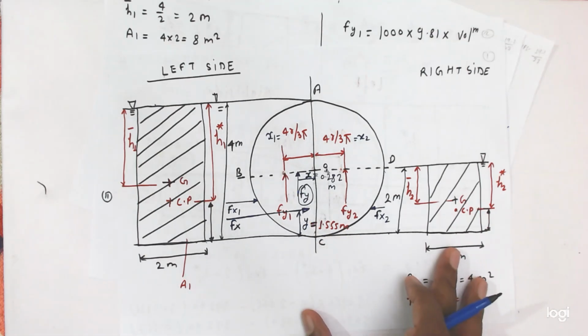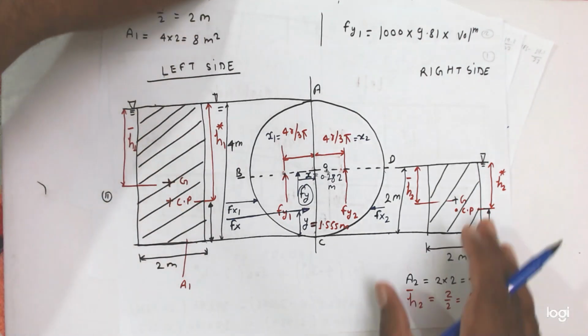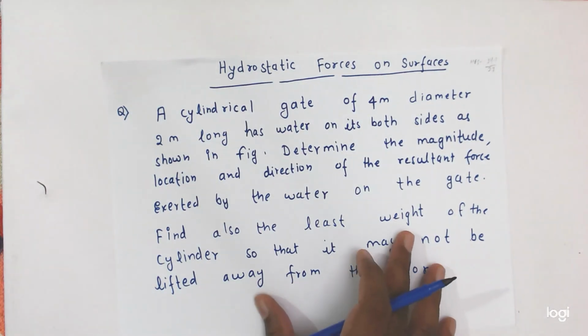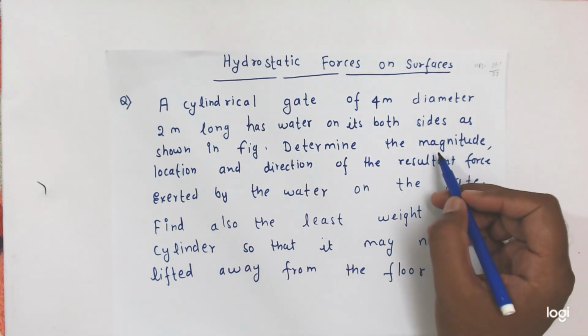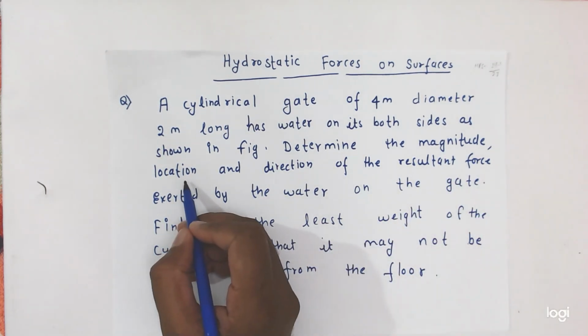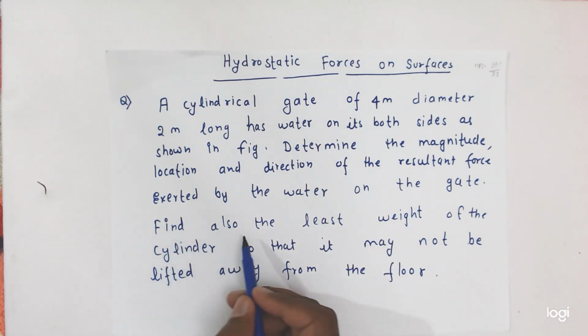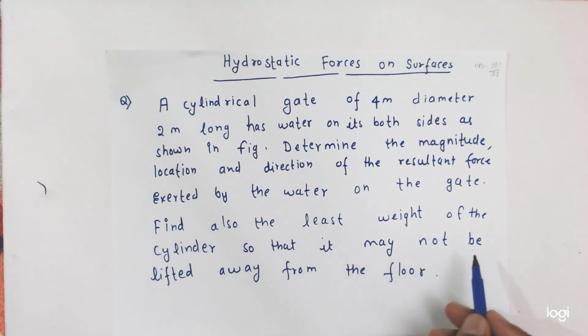Getting friends? Now one more point is there in this. It is saying find the magnitude, the location, and the direction. The last point is to find also the least weight of the cylinder so that it may not be lifted away from the floor.